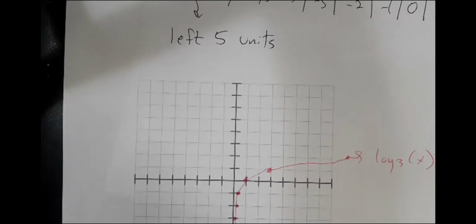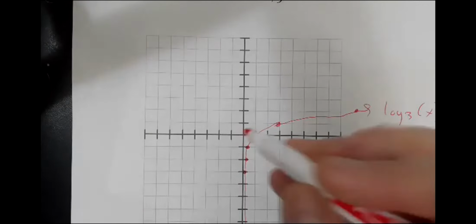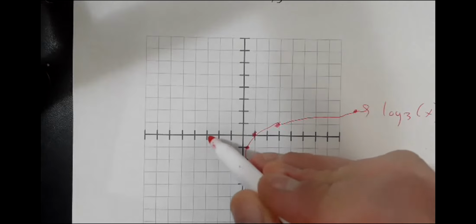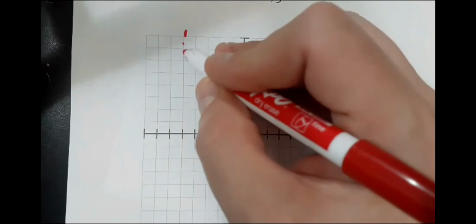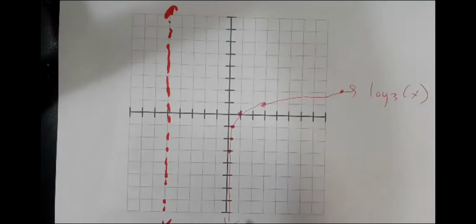So I have an asymptote here at x equals 0. So if I move this left 5 units, I'm going to have to go along here for 1, 2, 3, 4, 5. Now I got this asymptote happening along here. And so I'm moving each of these points left 5.